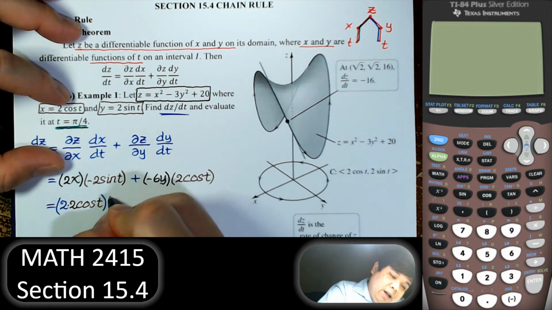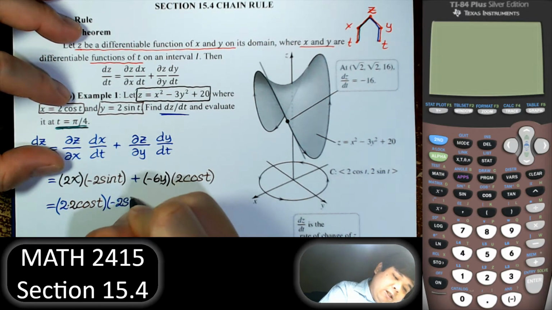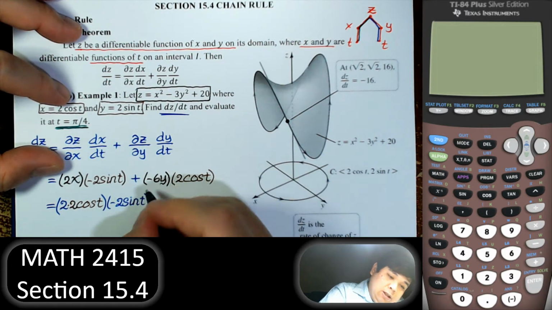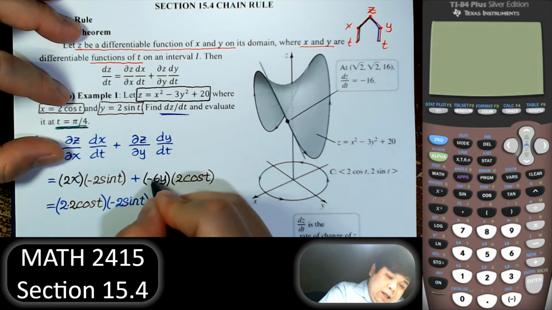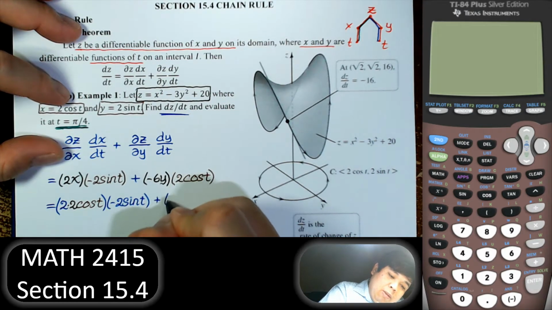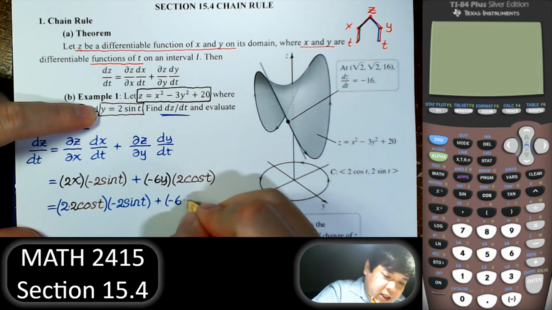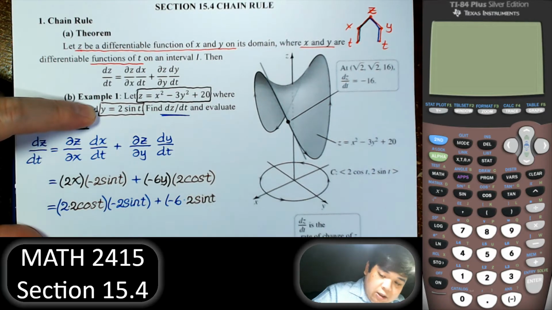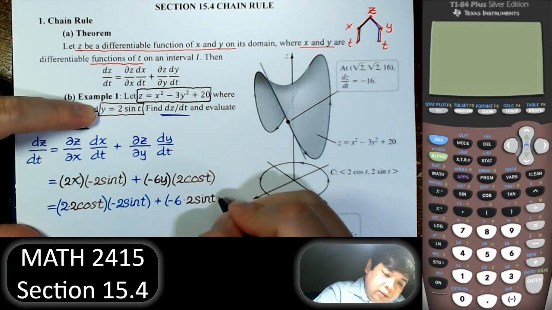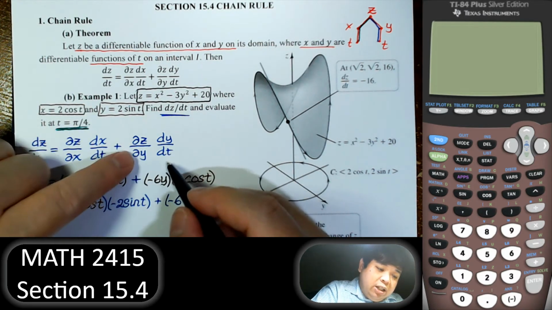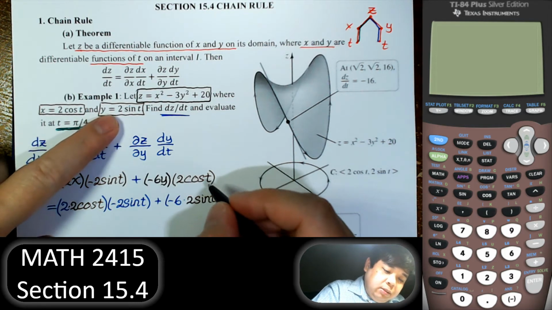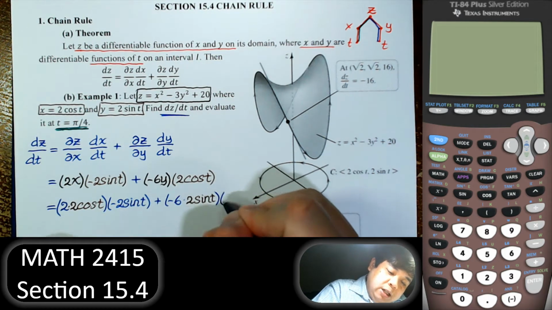And then I still have negative 2 sine t. And then plus negative 6. Y here is 2 sine t. And dy over dt is 2 cosine t.